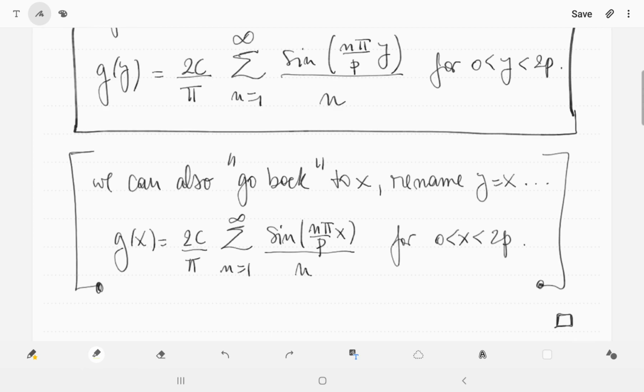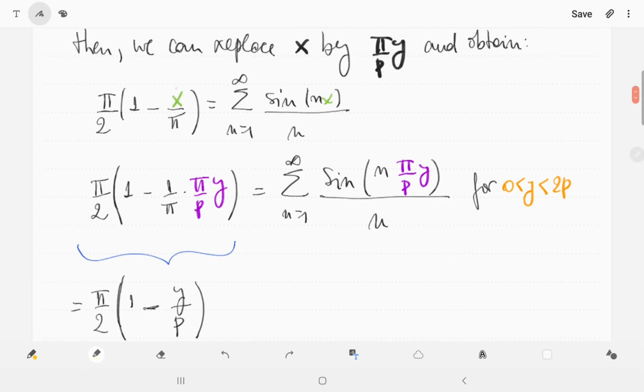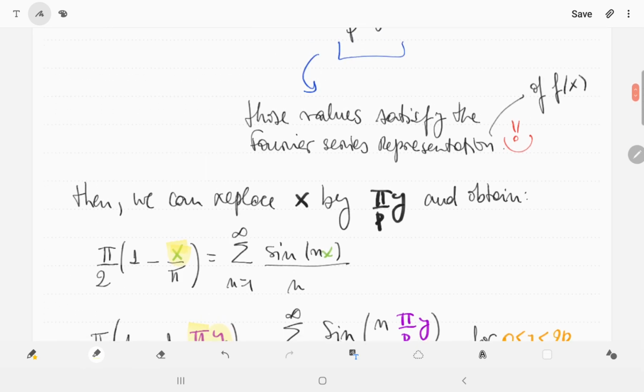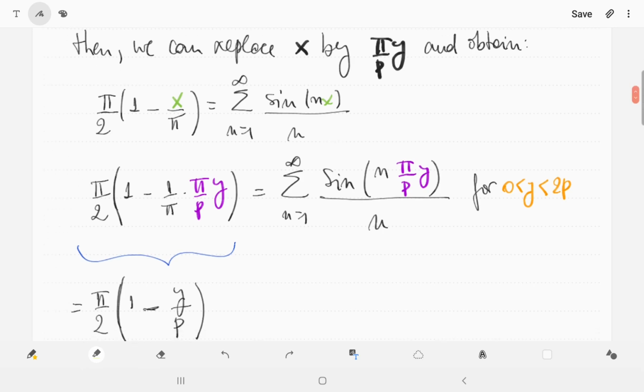And how do we do that? We just try to find the relation between the function f and g. Notice that what we did is just a change of variables. And we have to make sure that the new guy belongs to the right interval, because we need these new values, pi over p times y, to be an admissible x where we know the Fourier representation of f coincides with the function f.